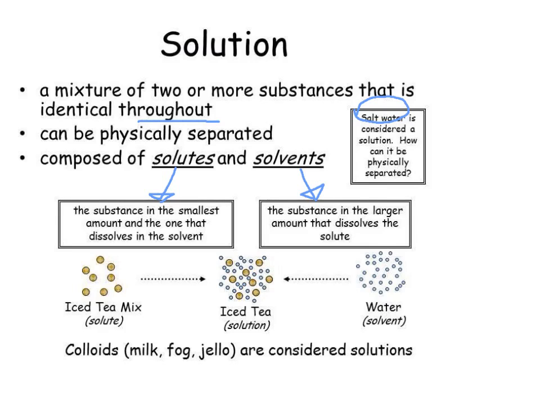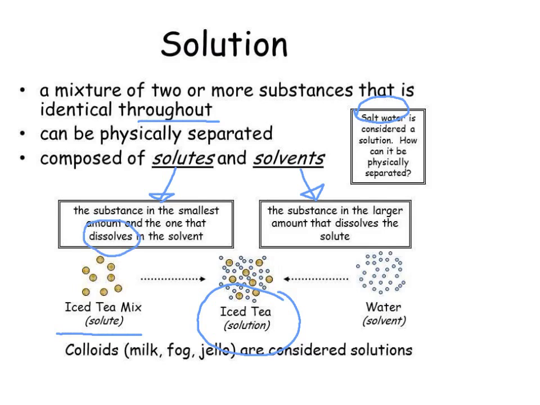A very good example of a solution is iced tea. In the iced tea mixture, we have an iced tea mix. The iced tea mix in this example is our solute. We have to remember that the solute is the one that is dissolved in the solvent.